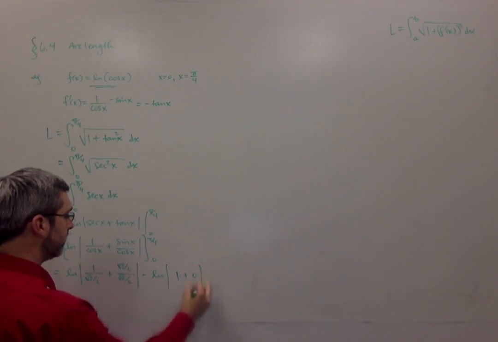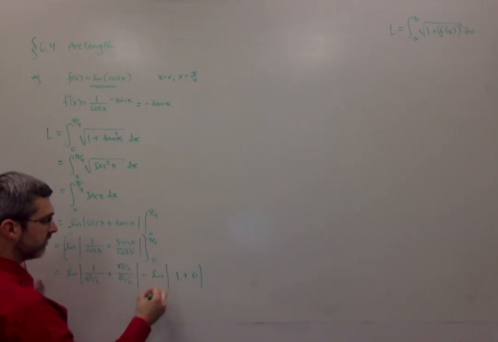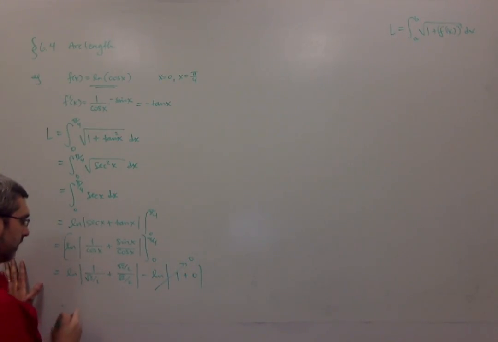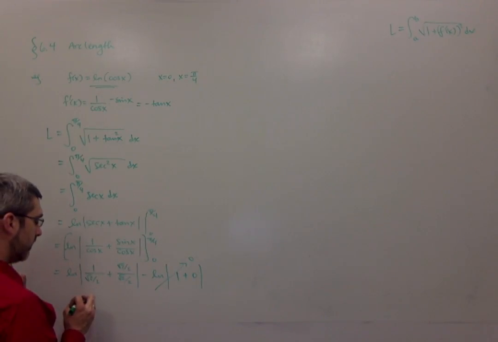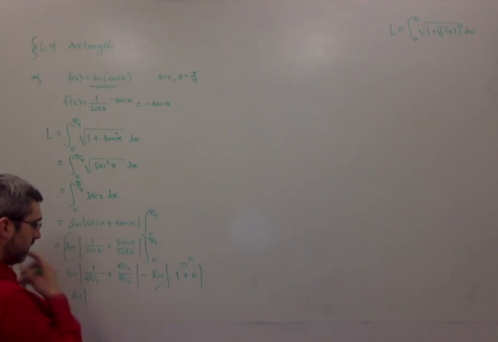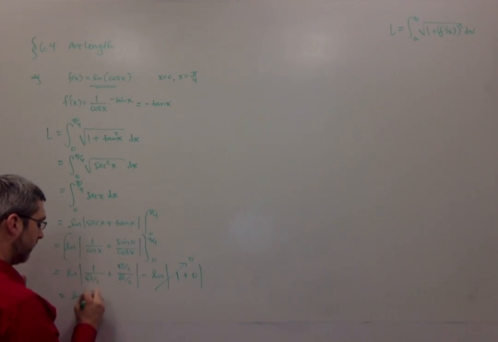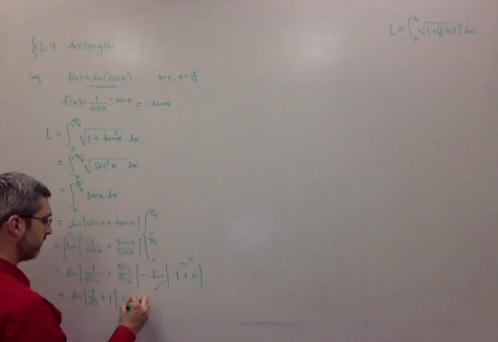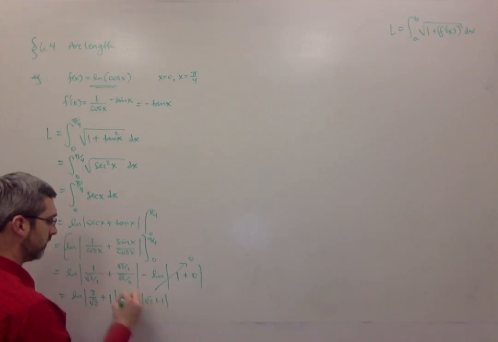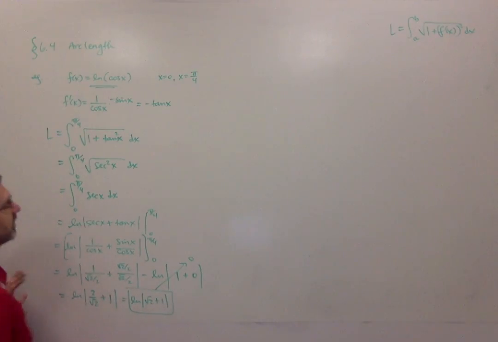Sine of 0 is 0. And the natural log of 1 is 0. So what I get here is, if I flip this, 2 over root 2 plus 1. In other words, the natural log of root 2 plus 1. Right? That's our length there.